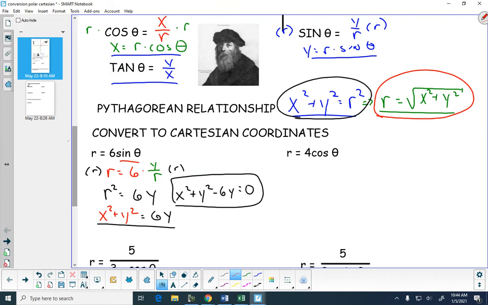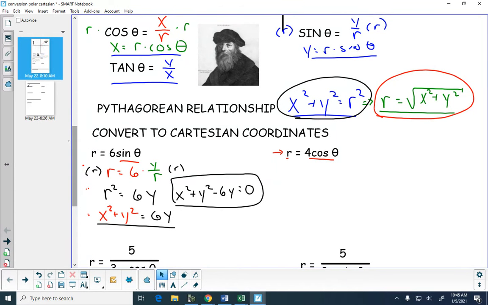Okay, now what I want you to do is follow these steps that we just did here and do the exact same thing for r equals 4 cosine of theta. But now we're dealing with cosine. So first substitute in for your cosine of theta. From up above, what is cosine of theta equal to?